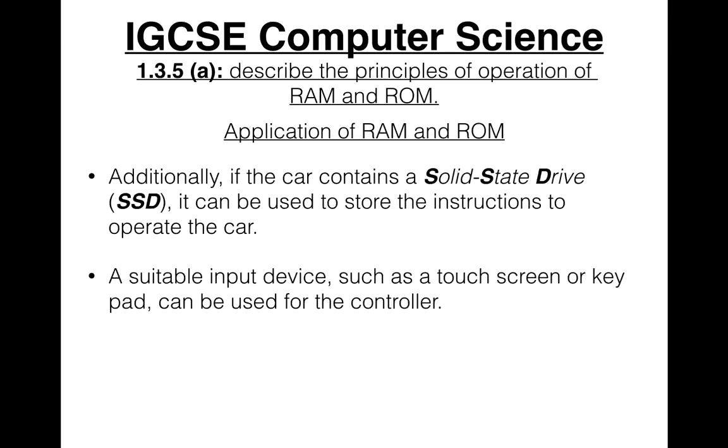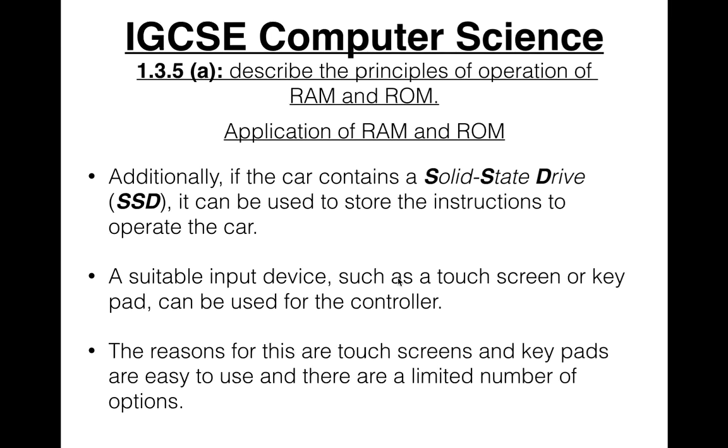As for this, you're going to learn about how solid-state drives work in 2 videos from this one, so I'm not going to talk about that. And as for suitable input devices, we looked at input devices, and the reason why we shouldn't really use a keyboard or a mouse is because with a keyboard we have all these buttons when we really only need move forward, move backwards, turn left, turn right. Maybe increase speed.